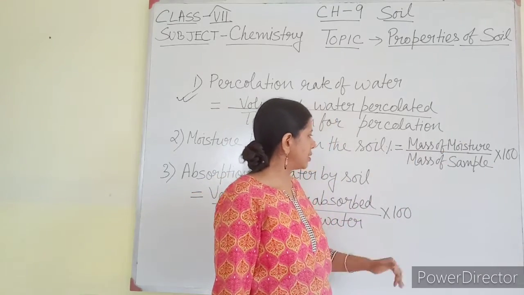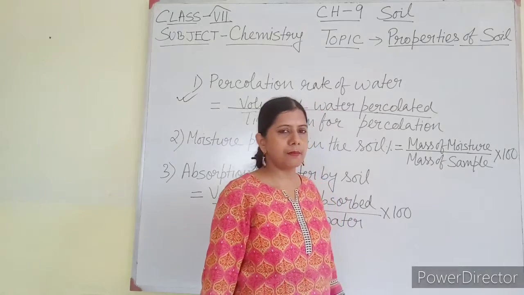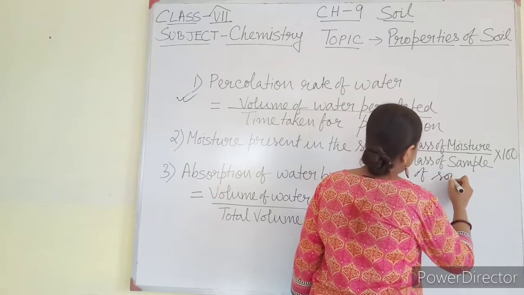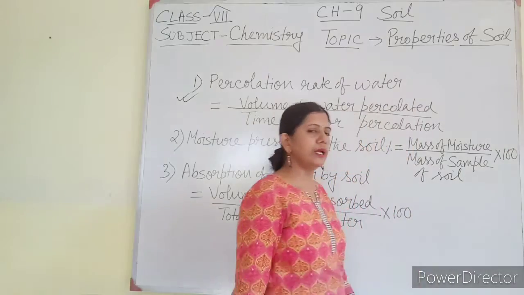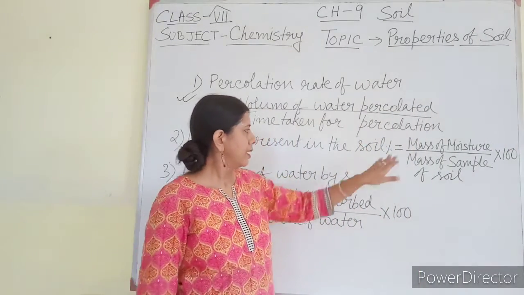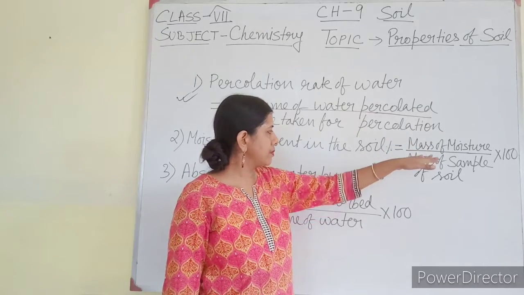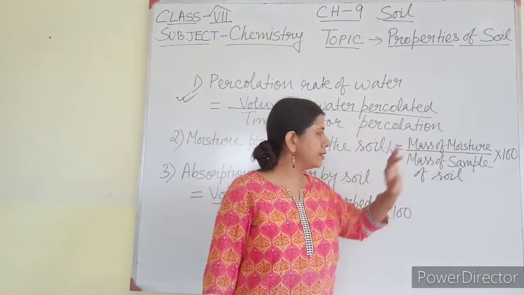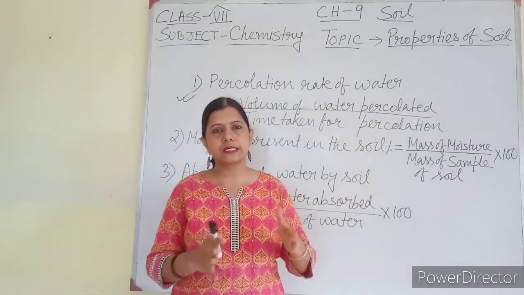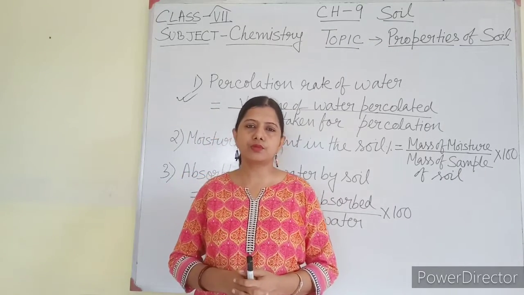Mass of moisture divided by mass of sample, where sample means the mass of the sample of soil, into 100 will give you the percentage of moisture present in a particular type of soil.